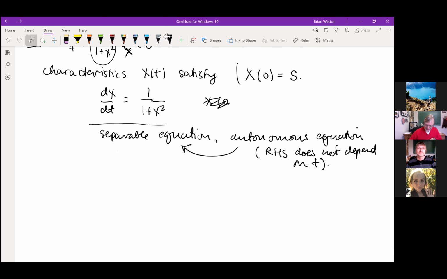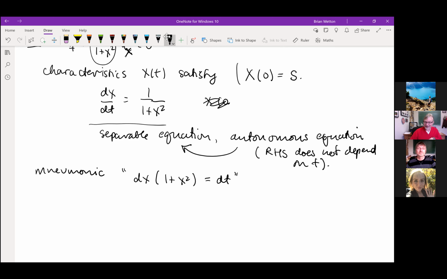And do you remember how this technique goes? Separable equation. There's a mnemonic. And if you don't know what mnemonic is, it's a way to remember the technique. The way to remember the technique is that you can cross multiply by dt and the other stuff and get dx times 1 plus x squared is equal to dt.